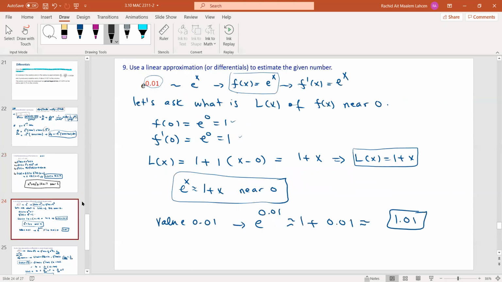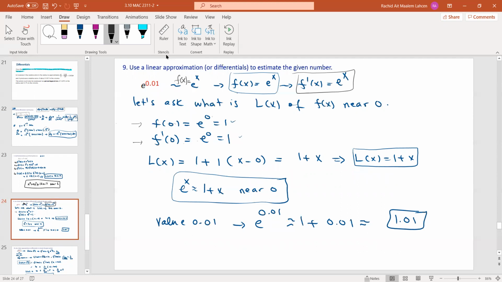So let's look at this example here. What is the linear approximation to this number? Well, which function is this? This is e to the power x, right? If it's e to the power x, what is the derivative? It's the same. And now let's find the values. F of 0, e to the power 0, is 1.